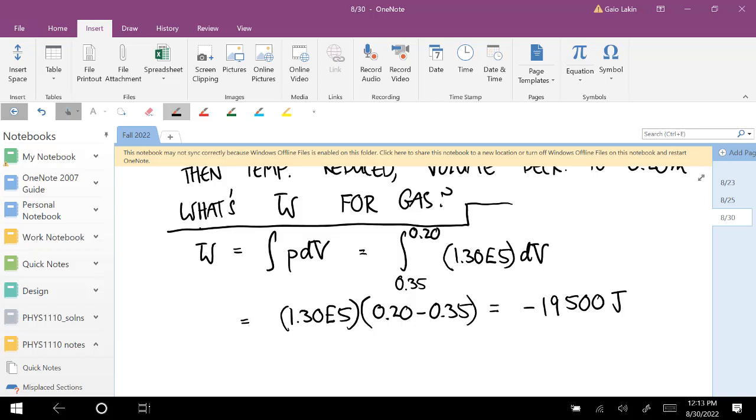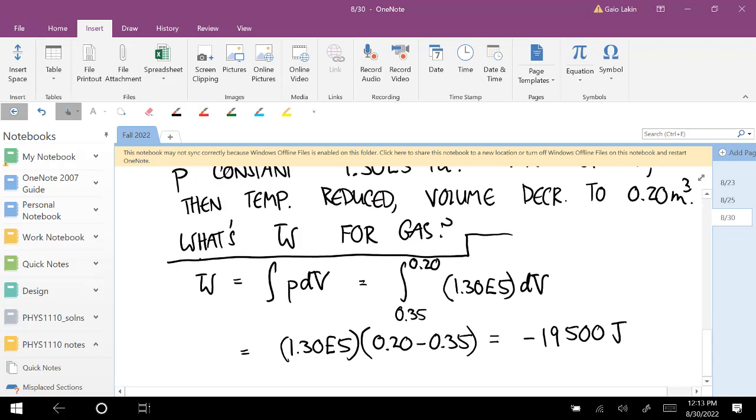Okay, so W is negative. Does that mean that the gas is doing work on the surroundings, or the surroundings are doing work on the gas? The surroundings do work on the gas. That's right.